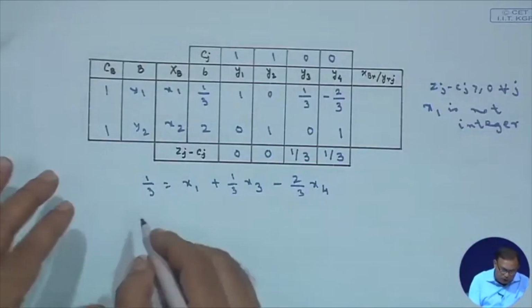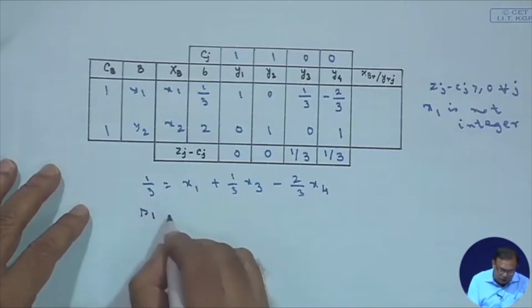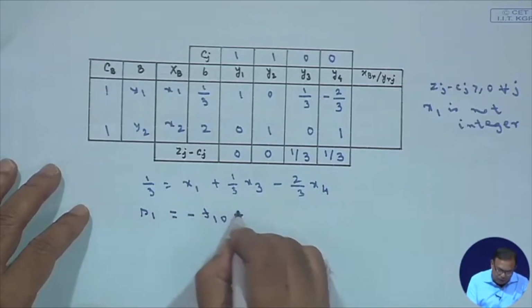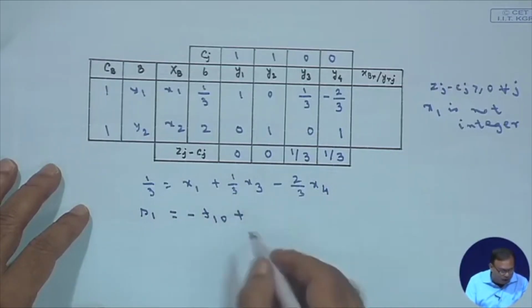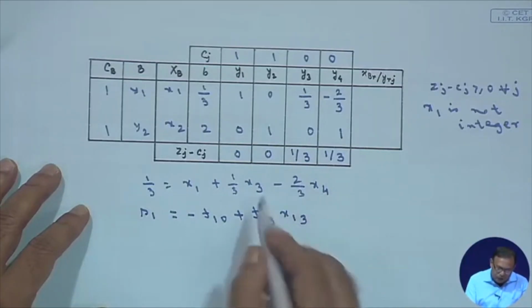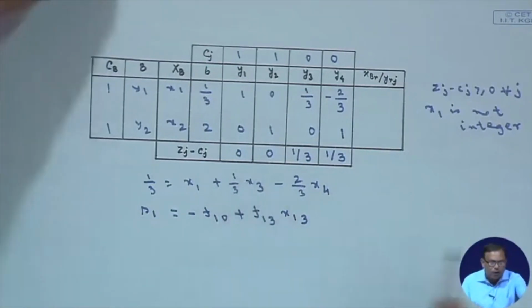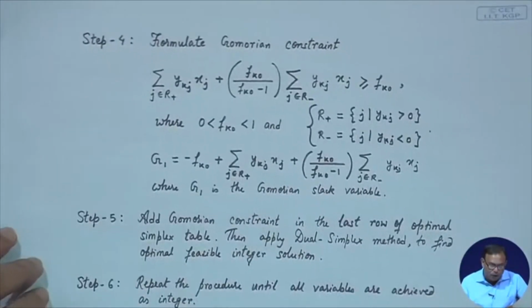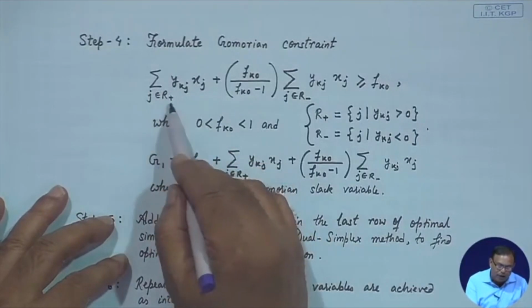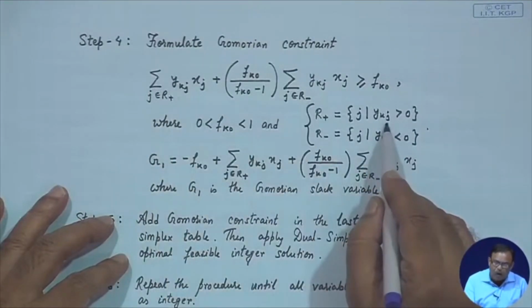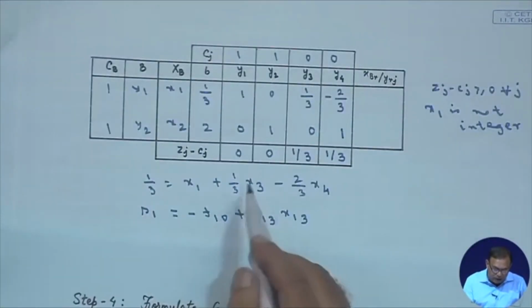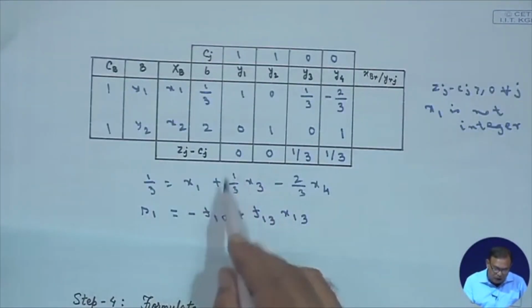So, S1 will be equal to, in place of G1 I am writing S1, minus f10 plus f13 x3 will come only, because this is the positive one. If you remember, I told you it has two parts: the sum of ykj xj, where j belongs to R plus, i.e. ykj greater than 0. So, ykj is greater than 0 in this case here only.